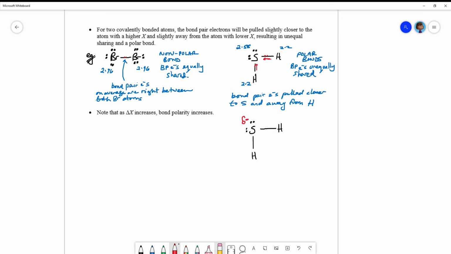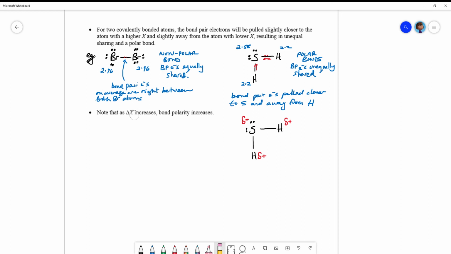Delta negative shows that sulfur has a very slight negative charge, due to the proximity of those bond pair electrons. But it's the opposite for the hydrogens. The hydrogens have had the negative electrons pulled away from them, and so the hydrogens end up getting a very slight positive charge as a result. And so sometimes we show a charge distribution in a molecule because of the presence of those polar bonds in the molecule.